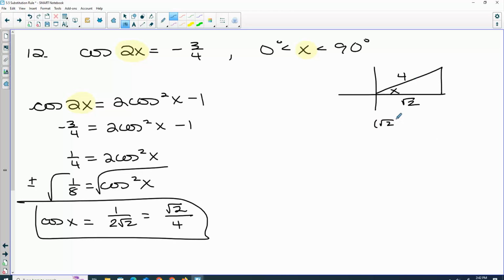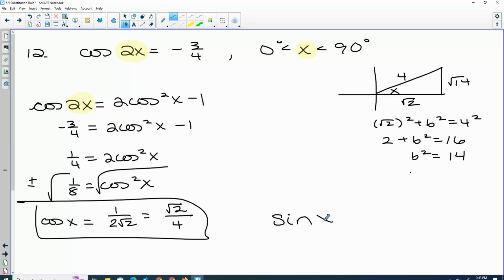So a squared plus b squared equals c squared. b squared equals 14. Square root plus or minus, how do we know which one it is? Quadrant 1, so it's positive.